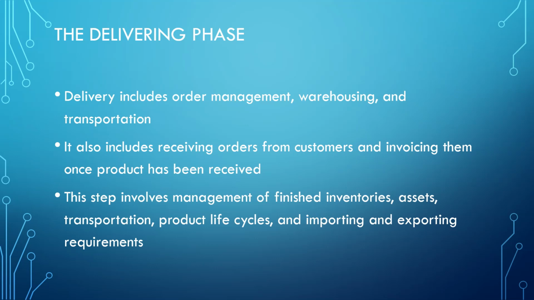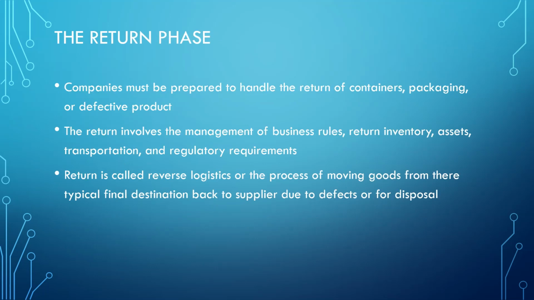Once product has been received, then we have the payment processing or the transaction of the funds. This step involves management of finished inventories, assets, transportation, product life cycles, and importing and exporting requirements.